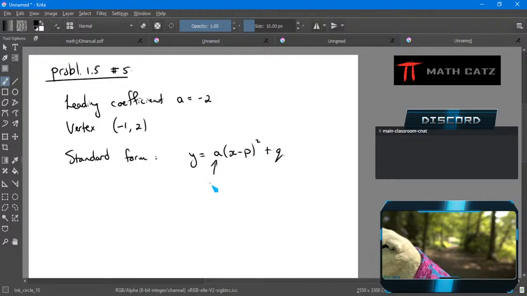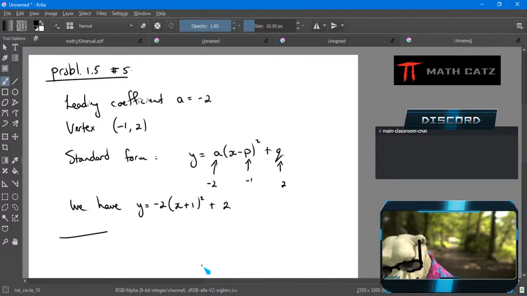So I really just fill everything in. -2 for a, -1 for p, 2 for q. So we have, in this case, y equals -2(x plus 1) squared plus 2. And we see the x plus 1 would have shifted it to the left, creating the vertex at axis of symmetry -1. Done. Easy.